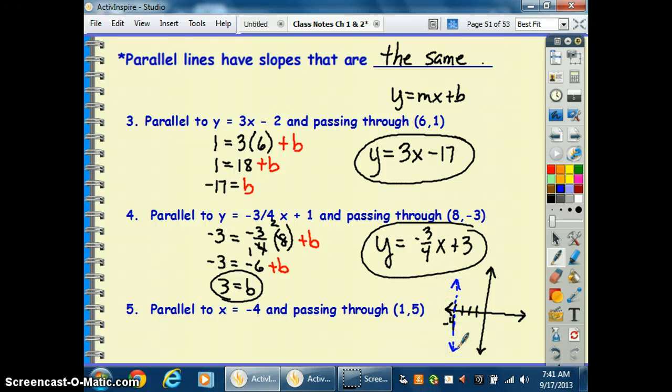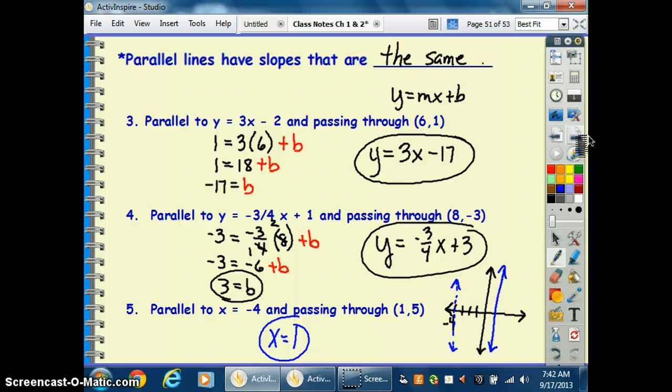Okay, so we don't even have to solve anything. We just know that if it's a parallel line, it's got to be another vertical line. So it's going to be x equals, well, we know what x is. It's 1. So our vertical line is going through 1. It's this one. So x equals 1. We're done. Let's try perpendicular lines.